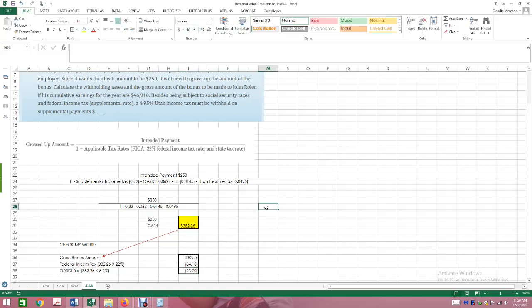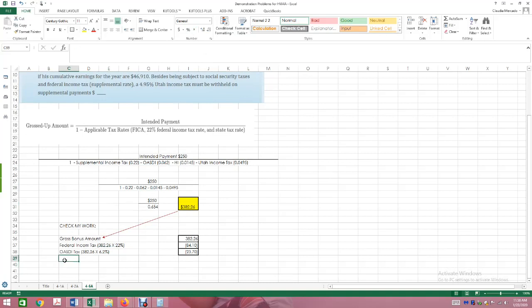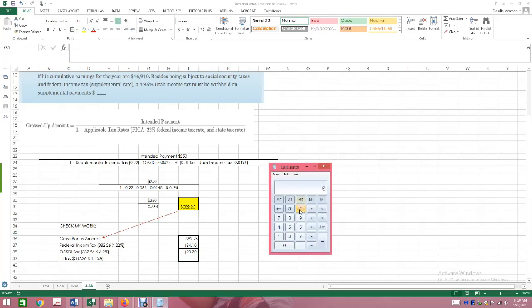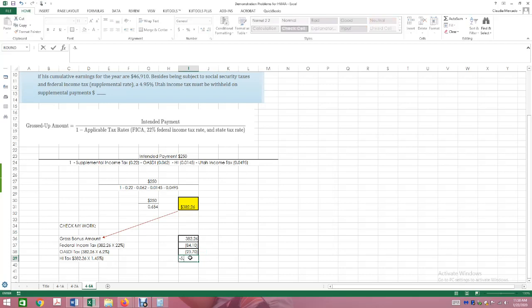Next we have HI tax, which is going to be 382.26 times 1.45%. And that gives me 5.54. Negative 5.54. Remember to put it in minus because they're deductions.